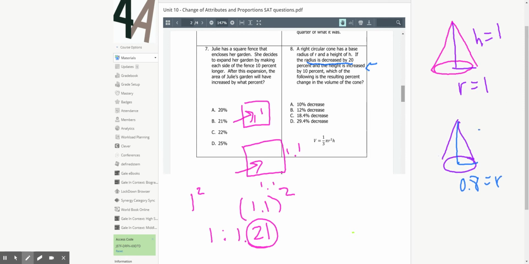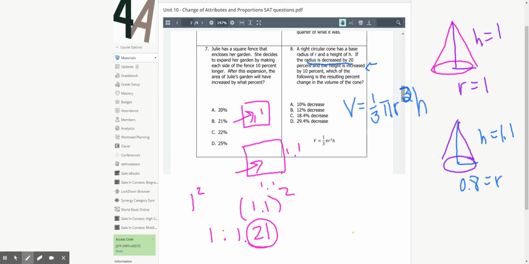So if it increases by 10%, then H equals 1.1. Which of the following is the resulting percent of change in the volume of the cone? So V equals 1/3 pi R cubed. No, pi R squared H.